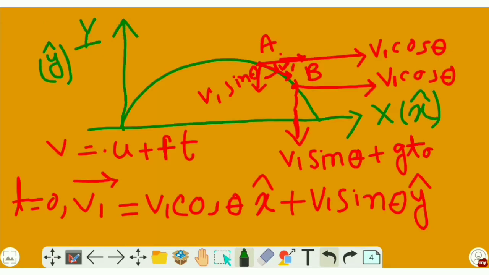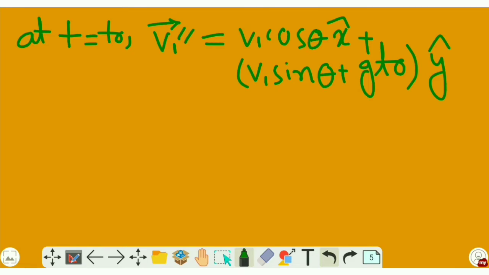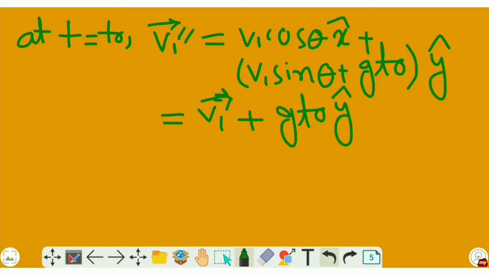You see, this whole is the y component and this is the x component. So I can write it like this. Similarly we can write, so what it becomes: v1 vector plus g t0 y cap is the v1 double dashed vector.